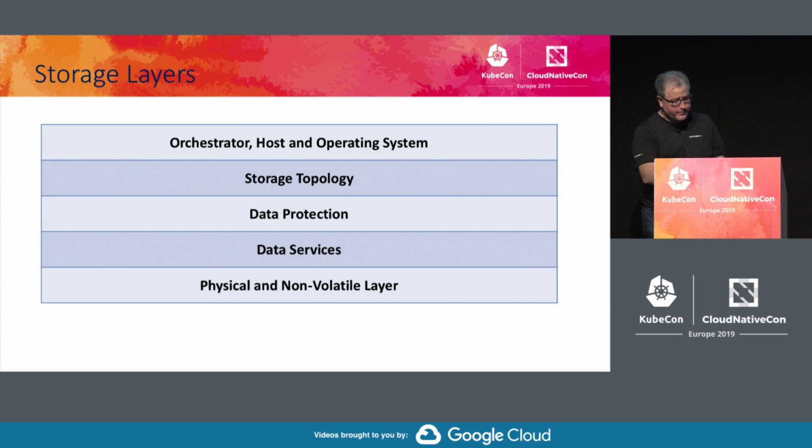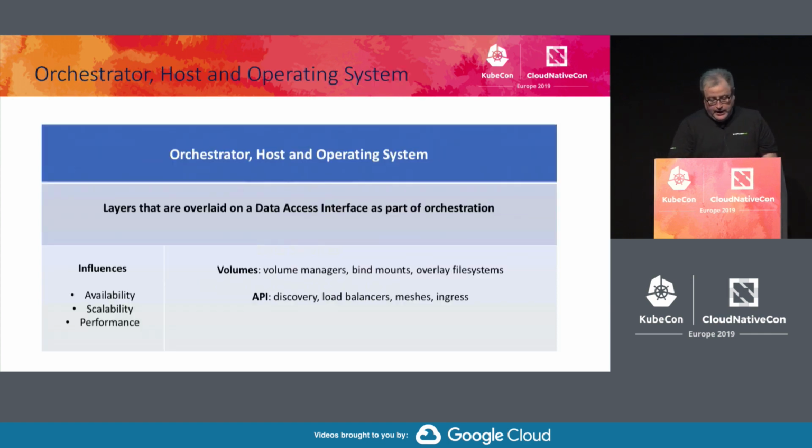So, starting at the very top of that layer, we have a number of abstractions that are applied by the orchestrator and the operating system. And indeed, some of these things can definitely affect or contribute to the availability or scalability or performance of these systems.